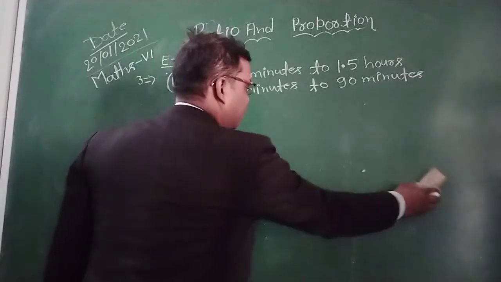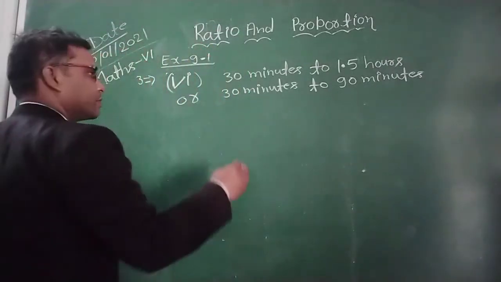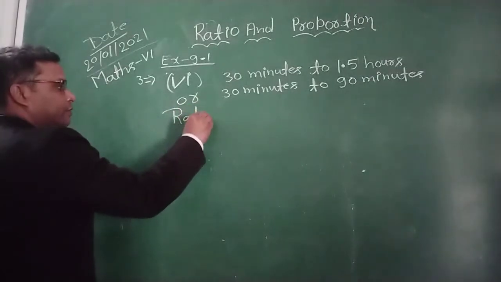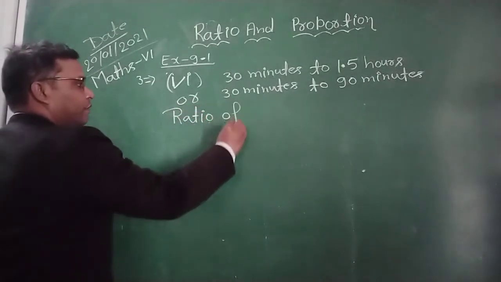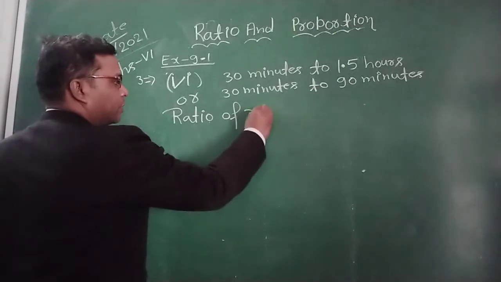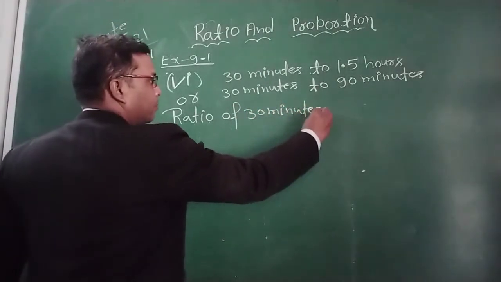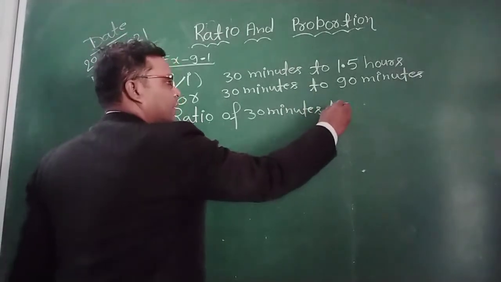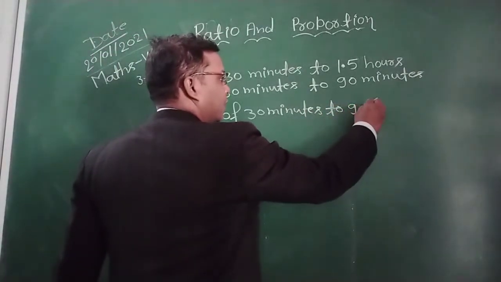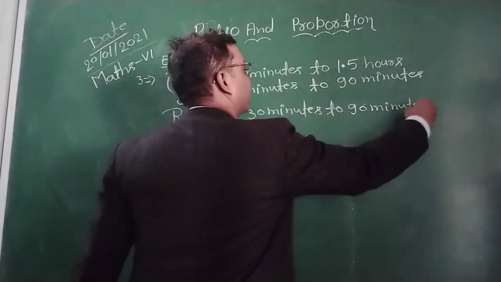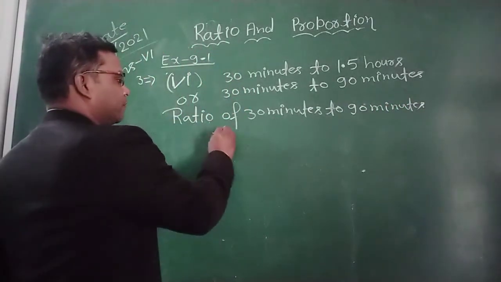write the ratio of 30 minutes to 90 minutes. This is equal to what?